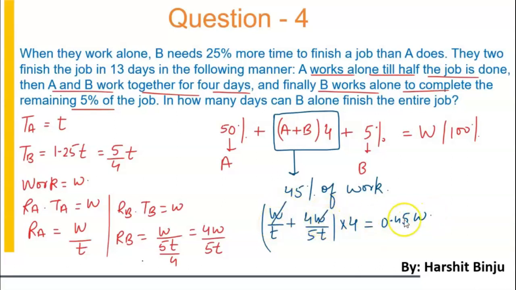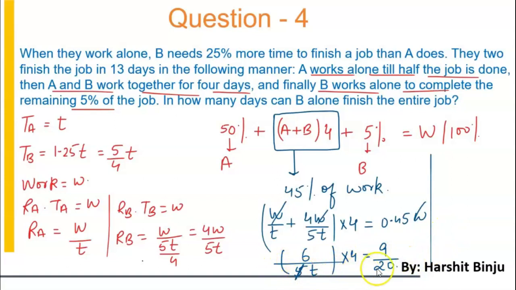Now W is going to get cancelled out. I can take 5T in my denominator, and this will be 5 plus 1, which is 6, multiplied by 4, and this is equal to 45 by 100. So this will simply equal 9 by 20. Now if I'm going to solve this further, can I simplify something?